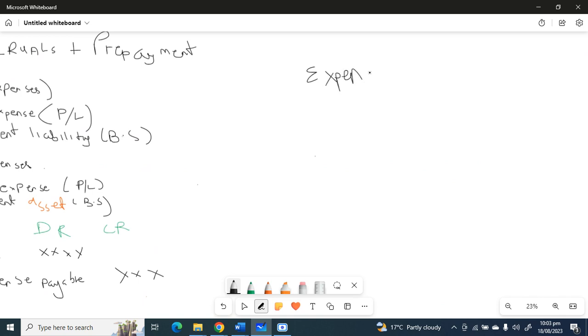So with the expense method, the first thing you do is record the initial entry. We paid for fire insurance on 31st December 2018.